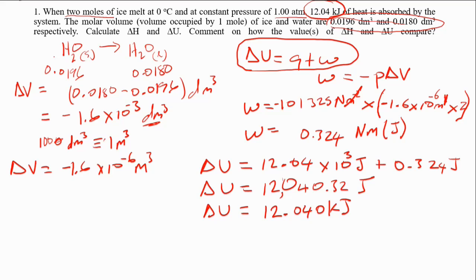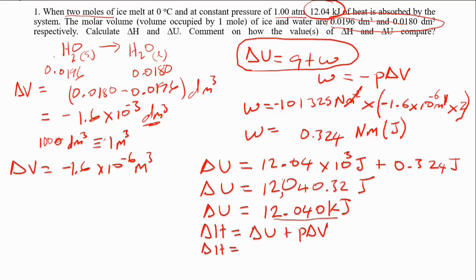Now, what about delta H? Because we were also asked about delta H. Well, delta H, as we know, is equal to delta U plus P delta V, right? Okay, let's try to put some values in now. Delta H is equal to delta U. We know delta U, here it is.